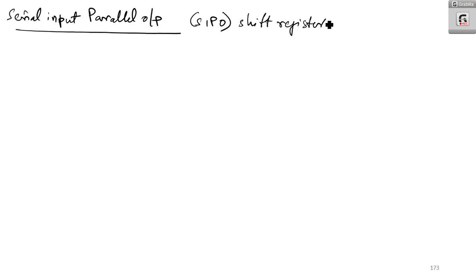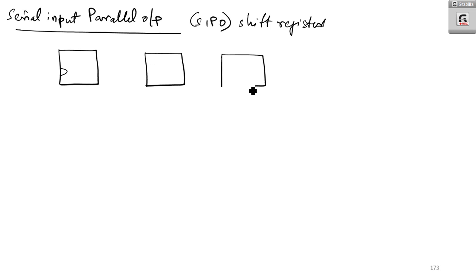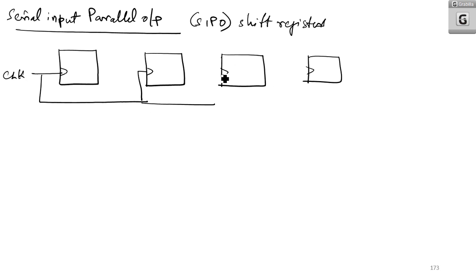Okay. Now if I am drawing it with the help of a D flip-flop, I am having a clock 1, 2, 3, 4. Clock is common. So this clock is common.